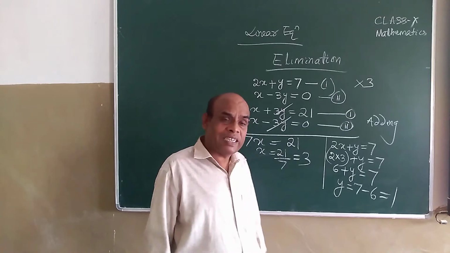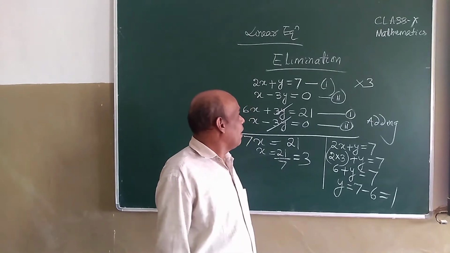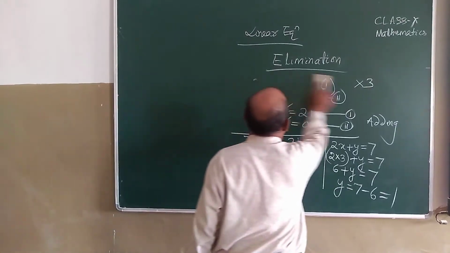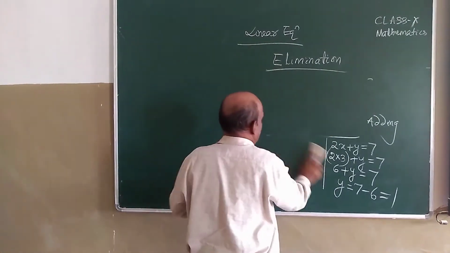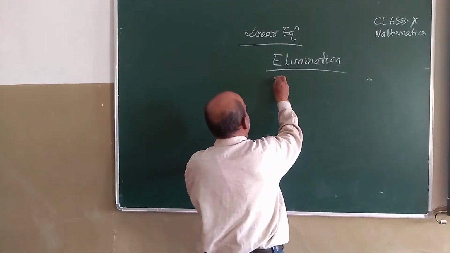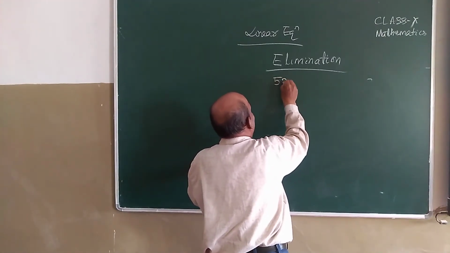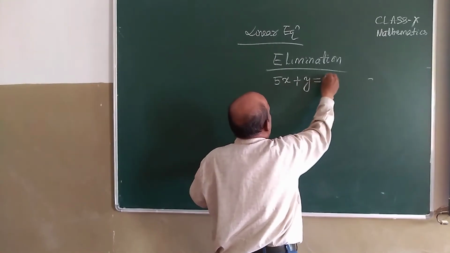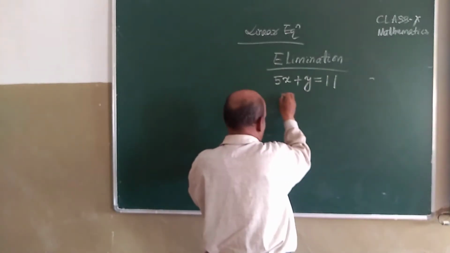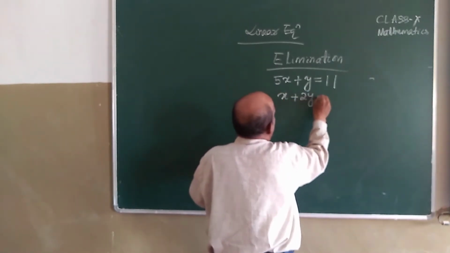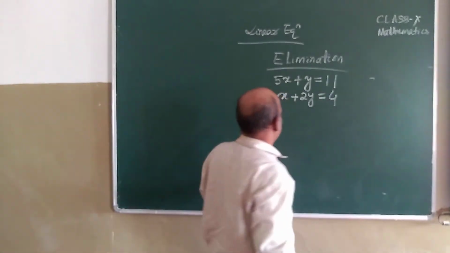For more practice, see, I am doing another problem. Suppose the question is: 5x plus y is equal to 11 and x plus 2y is equal to 4.